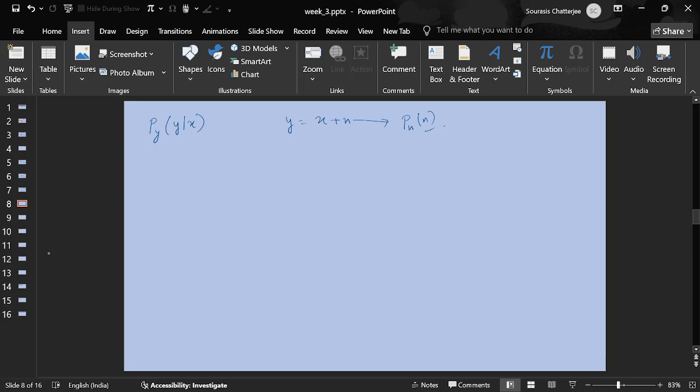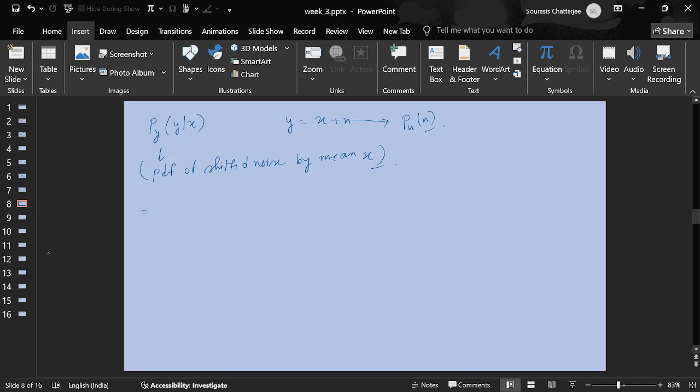So basically this is nothing but the PDF of shifted noise by mean x. So what do I mean by that? In y there are two parts, x and n. Now conditioned on x, so x is known to you. Known means deterministic.